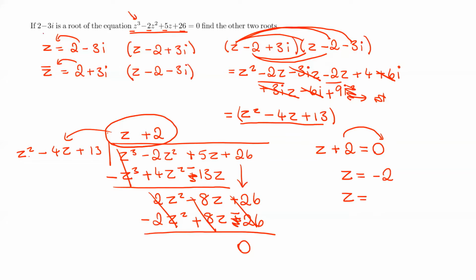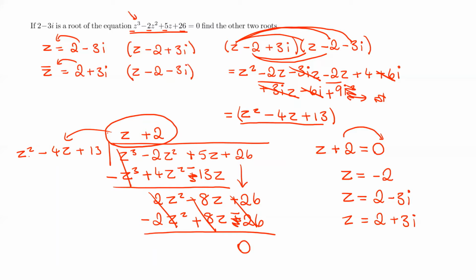Another root, well, they gave it to us, will be 2 minus 3i. And then the complex conjugate is always going to be another root if one of the roots is a complex number. So 2 plus 3i. So a quick summary there, guys. We needed to find the roots of a complex equation.